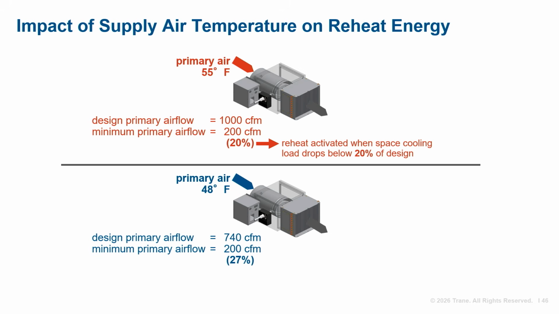While the minimum CFM is the same, the percentage is higher, 27% rather than 20%. What this means is that the reheat coil would be activated when the space-sensible cooling load drops below 27% of design, which means that it will activate sooner than in a conventional 55-degree supply air system.